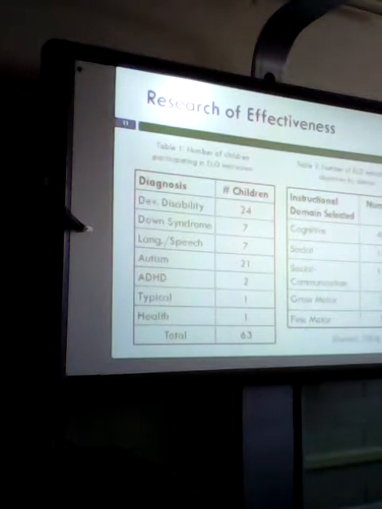So again, I was thinking about putting this in perspective of what I see within the school district, with all the providers providing all of their services within that classroom setting. As we see, the research shows that embedded instruction is really effective across domains.